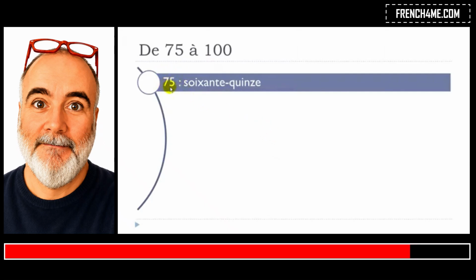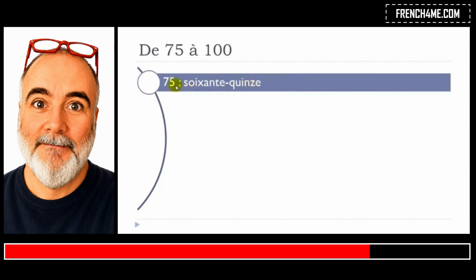So if you remember when we stopped, it was here, okay? 75 in French, we'll have to use this 60, and then after that, you will have to put this 15. Remember, from 70 to 79, it will work the same way. You will have to put this 60 and then the numbers from 10 to 19 after.